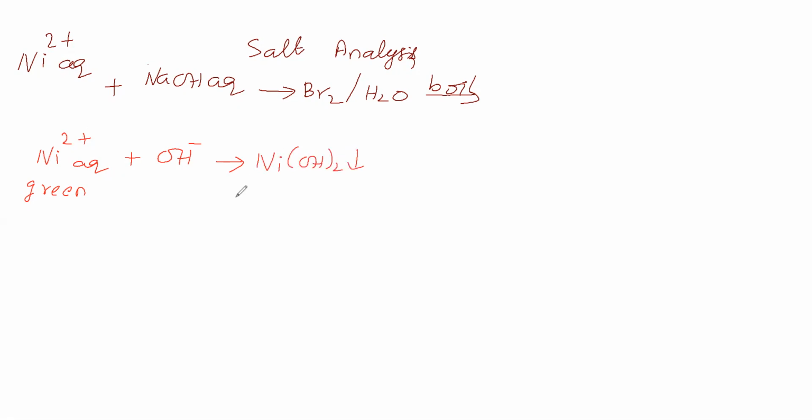It is a precipitate, a green precipitate. Now see, this Ni2+ green solution takes the anion OH- from sodium hydroxide and becomes Ni(OH)2, a green precipitate. Now what is added?